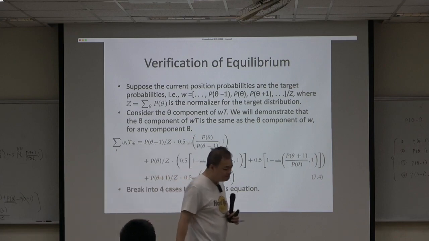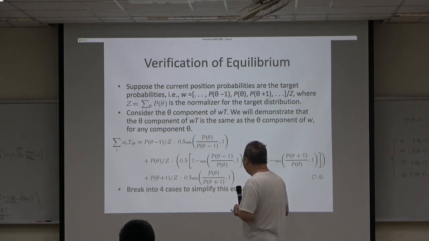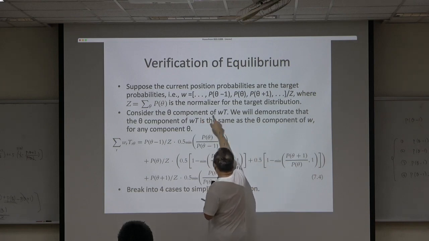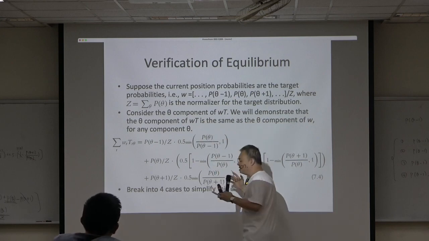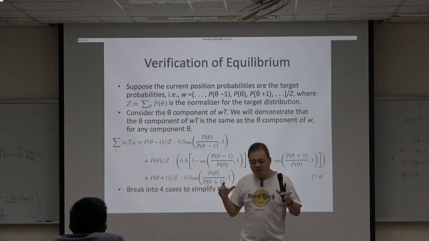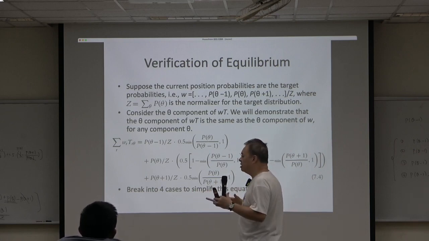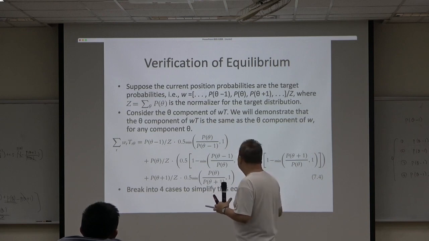Here, we put this w in as the probability of the location where the partition will be at each island.